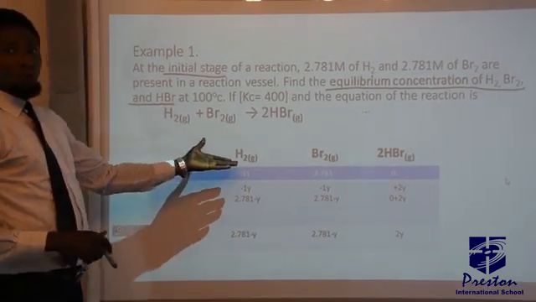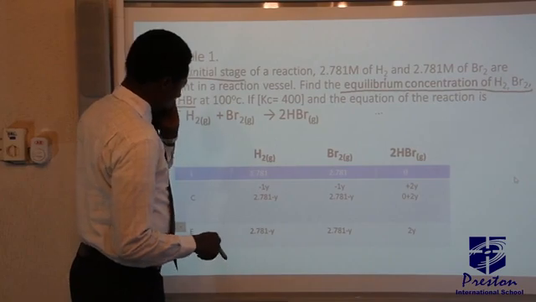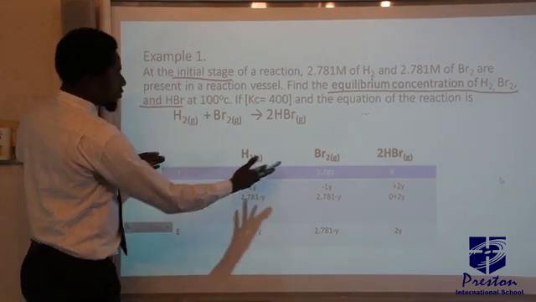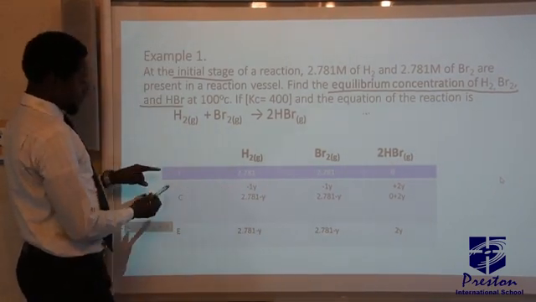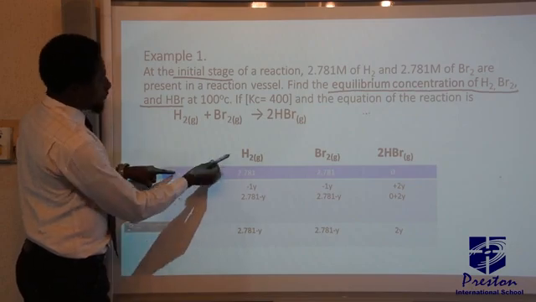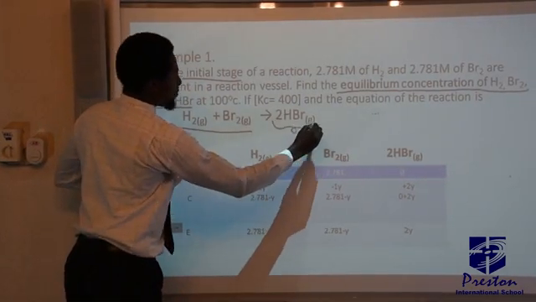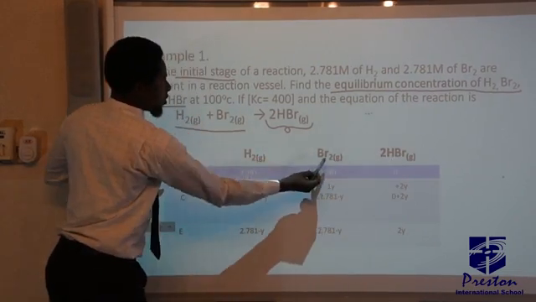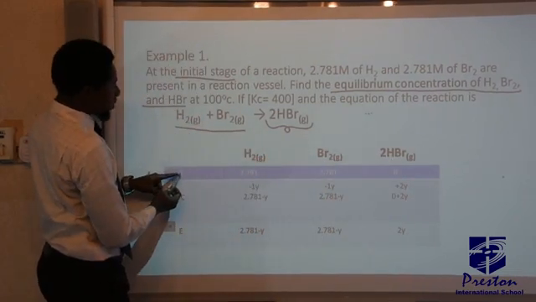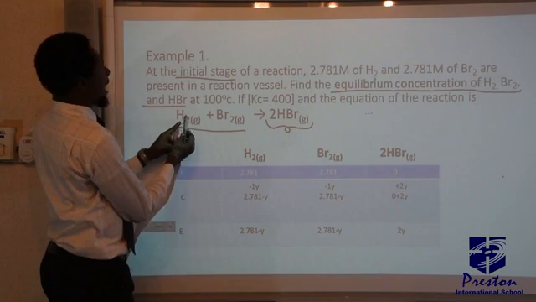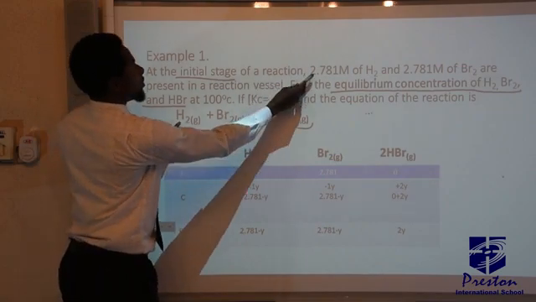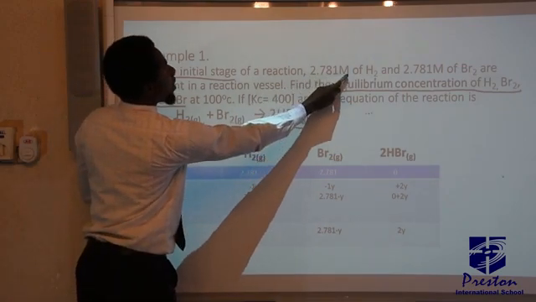Okay? So we are going to bring about our ICE table. This is our ICE table we have constructed here. For the initial, H2 and Br2 are the reactants, while HBr is the product. The initial concentration of H2, as indicated in the question, is 2.781 molar.